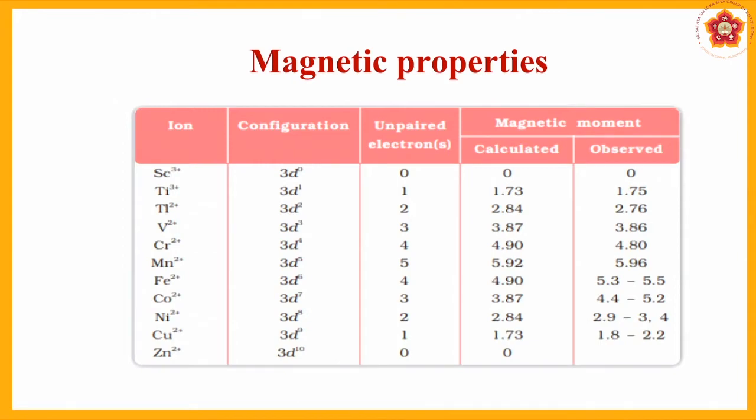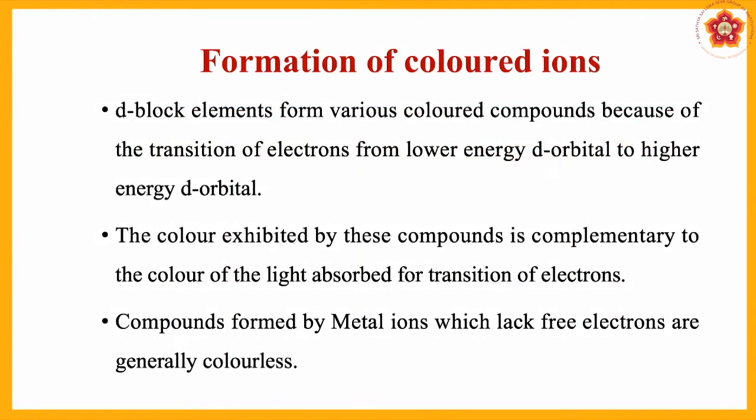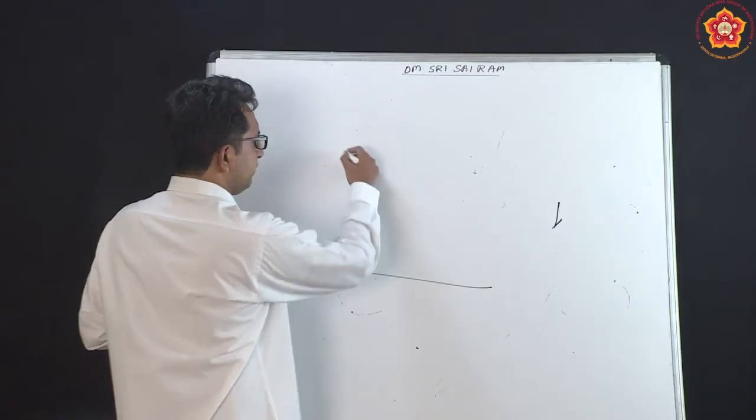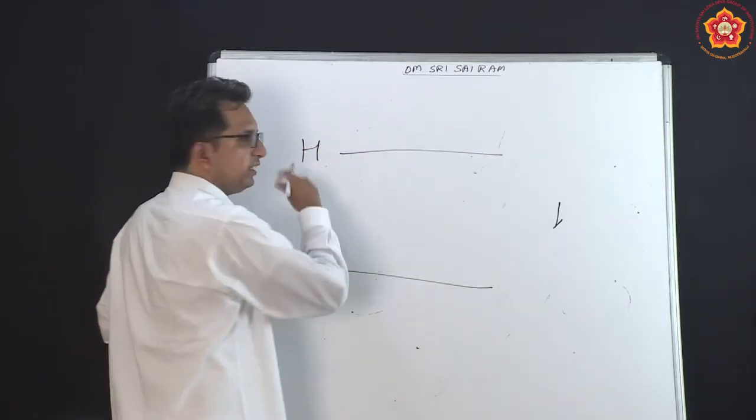electrons are shown there. Moving on from this magnetic property, there is another property that these compounds show, and that is the formation of colored ions. When we recall the first year chapter on structure of atom, we realize that the color of a compound is considered in terms of a lower energy condition and a higher energy condition.